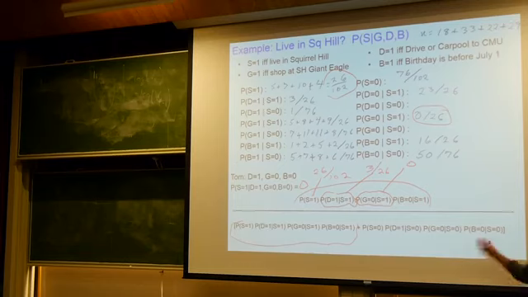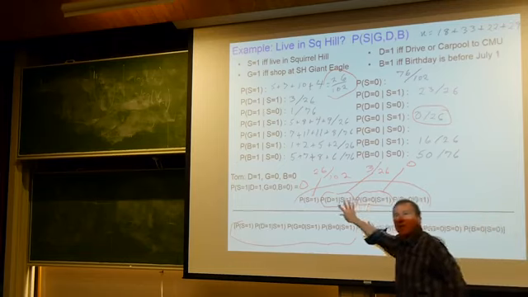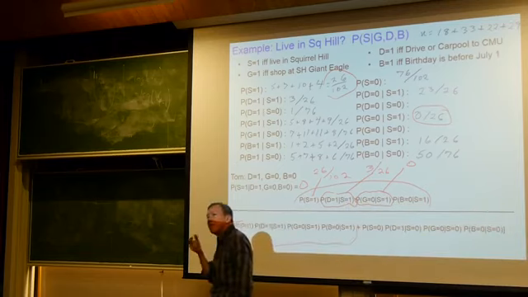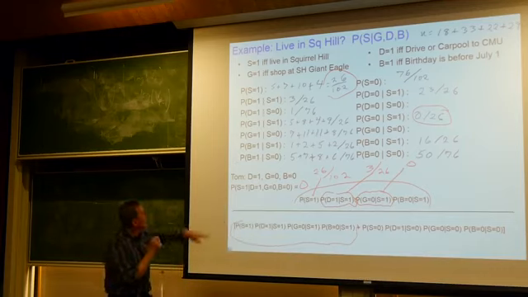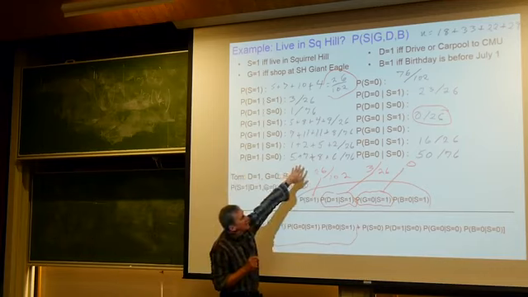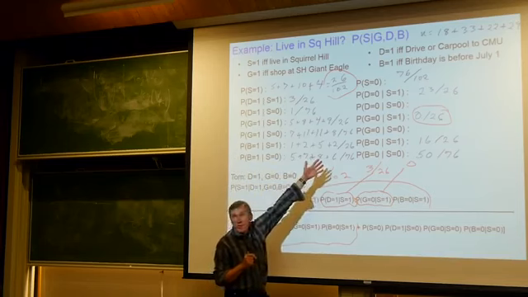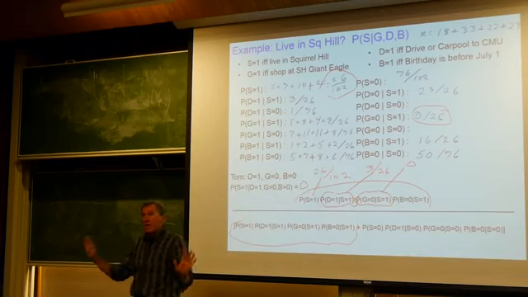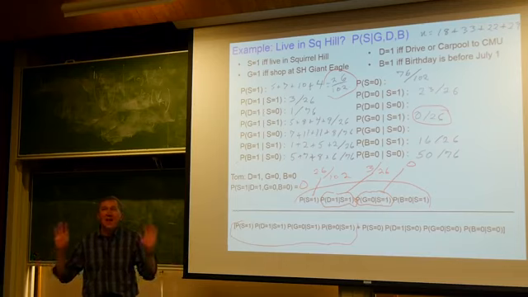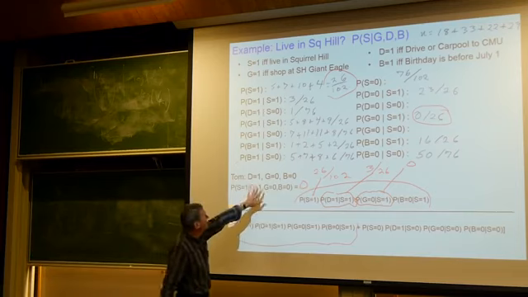Okay. So I just wanted to take that moment to go through this so that you see exactly what we're doing here. The training procedure just calculates all of these terms. Those are all the terms that we're ever going to need to classify any example, no matter what these values are.